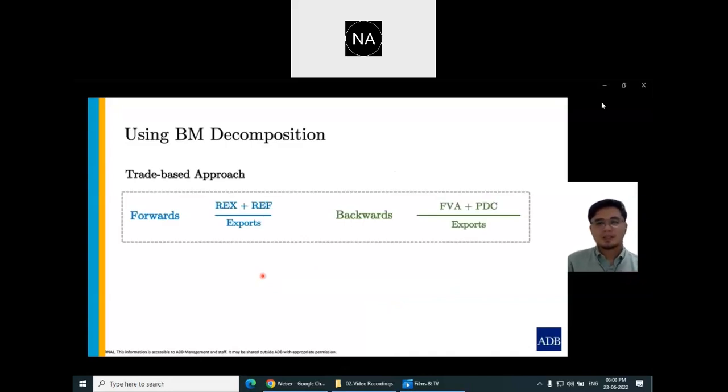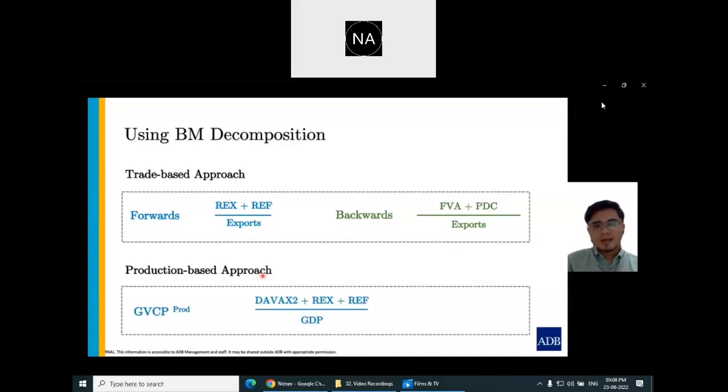To summarize, this is how we calculate GBC participation using trade-based and production-based approaches. As mentioned, these are the ones that we are using in recent publications in ADB.